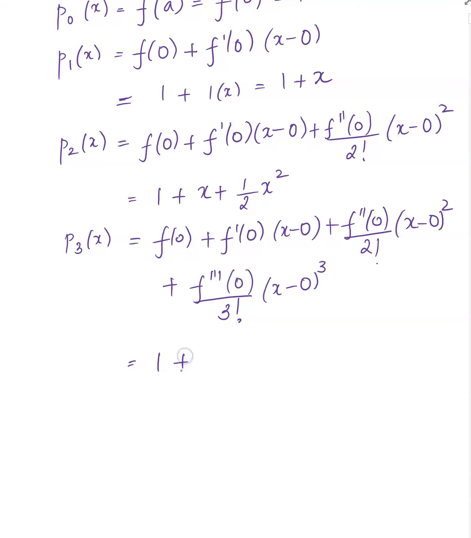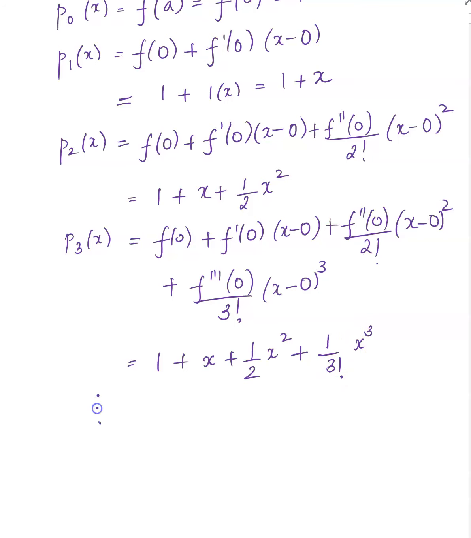Alright, we'll take the P2, so 1 plus x plus half x squared, plus the last term would be 1 over 3 factorial. In fact, I'm beginning to see a pattern. I can write this as 6, but I'd like to keep it as 3 factorial because they want us to find the nth polynomial, right?